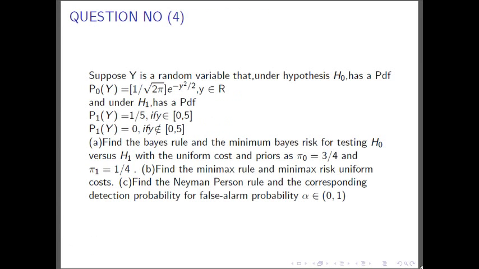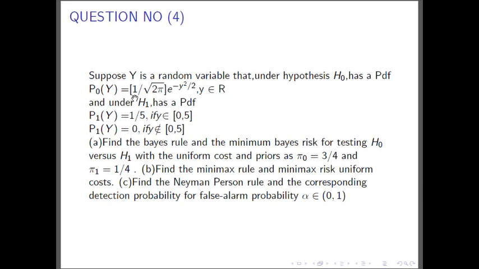Now let us learn how to apply these techniques in order to solve the problems. Here comes our first problem. It is given that P0 of y is equal to 1 by root 2 pi e power minus y square by 2 for y belongs to R, and P1 of y is equal to 1 by 5 for y belongs to [0, 5] and equal to 0 for y does not belong to [0, 5], with pi naught equal to 3 by 4, pi 1 equal to 1 by 4 and uniform cost.